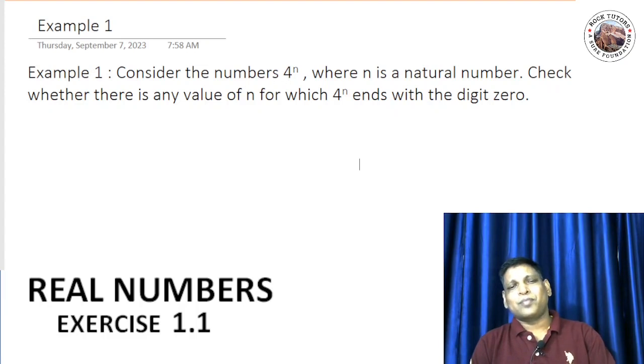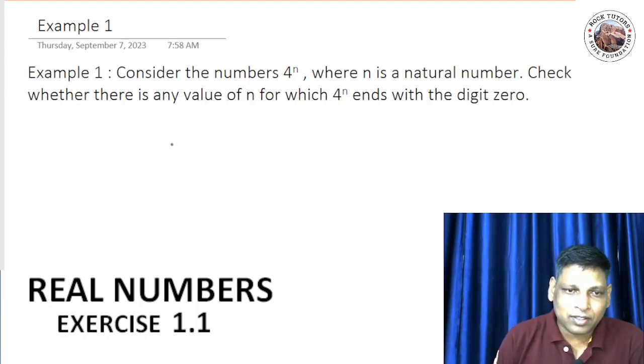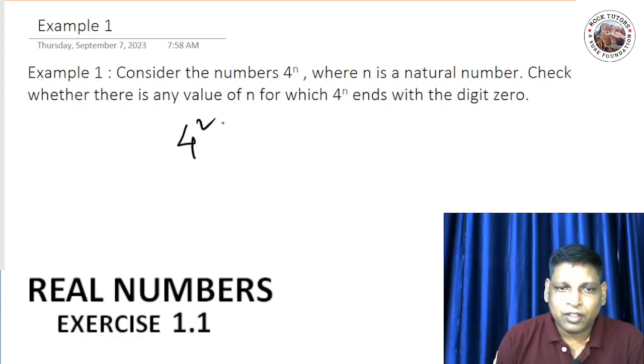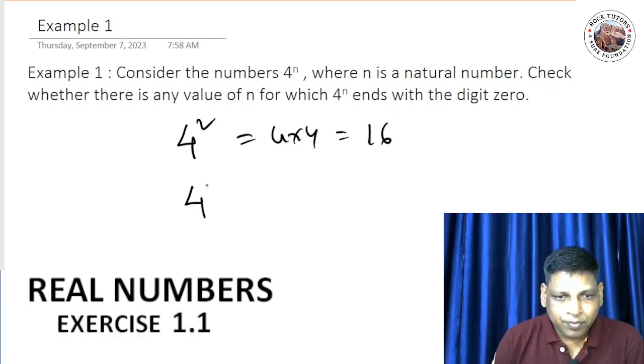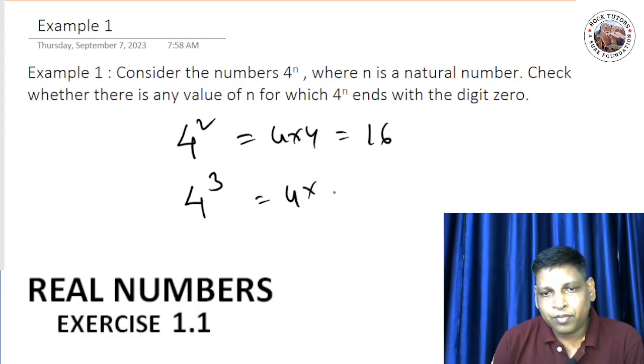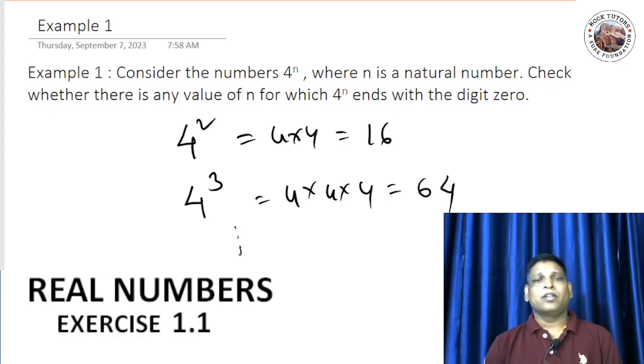What does 4 power n mean? Suppose 4 square means 4 into 4, you know that is 16. So 4 cube, 4 into 4 into 4 is equal to 64. Like this we can go on continuously.